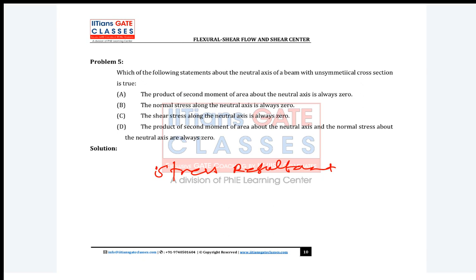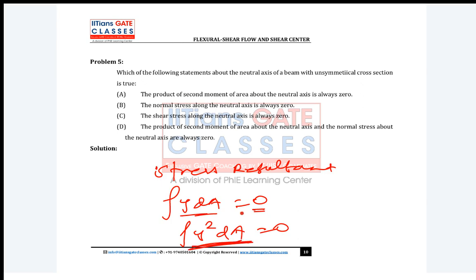The first moment of area, integration y dA, we got 0 about neutral axis, right? Did you receive that integration y square dA is 0 about neutral axis? No, right? This integration y square dA represents what? Moment, right? Moment resultant we got now.